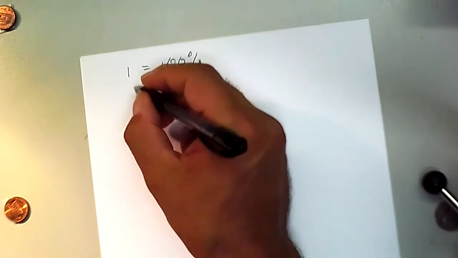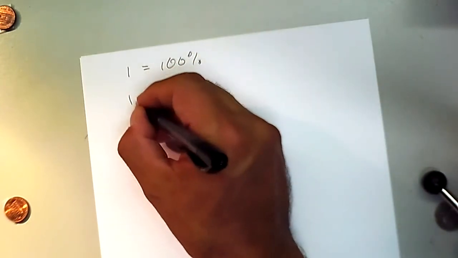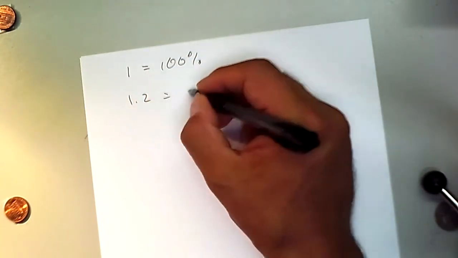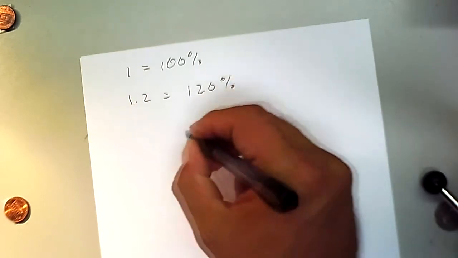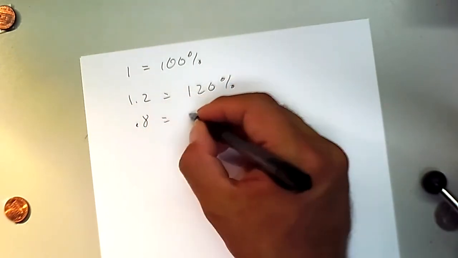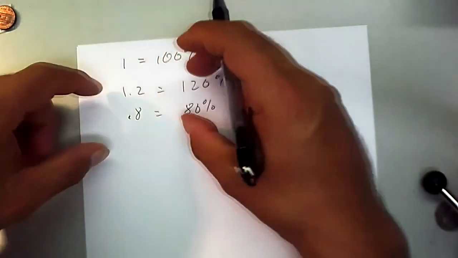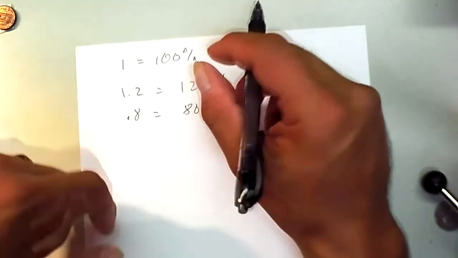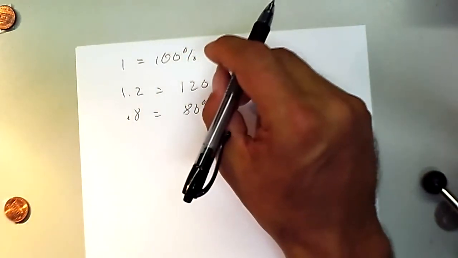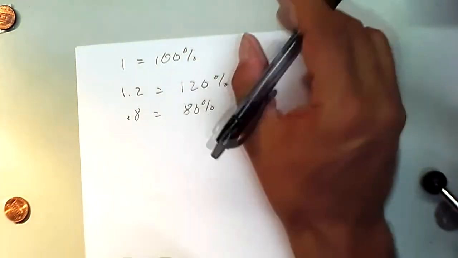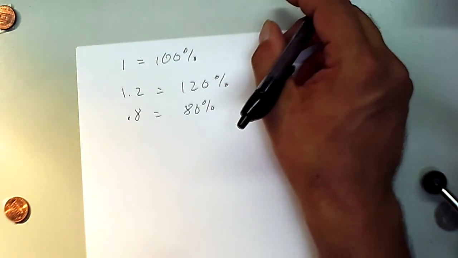If you have anything bigger than 1, 1.2 is more than 100%, 120%. Or 0.8, that's going to be 80%. So that modifies the size; what we want is 100% when you have a unit vector. That's when I call it pure direction.